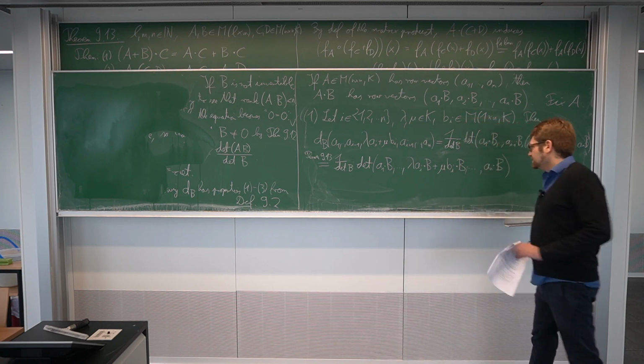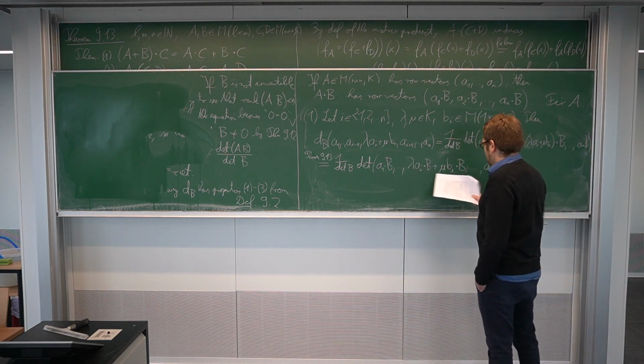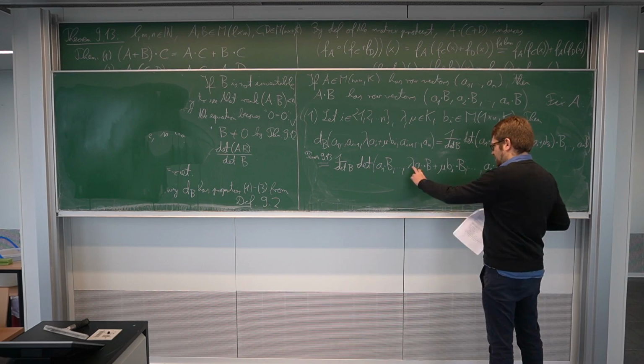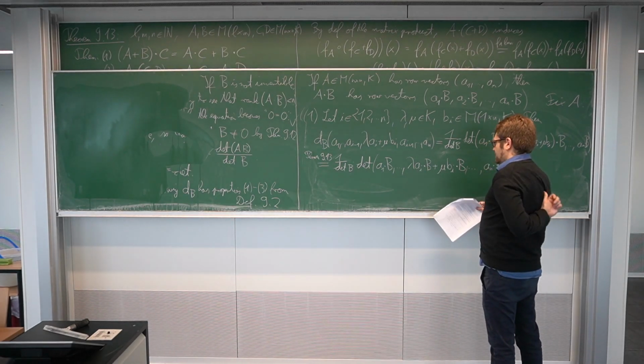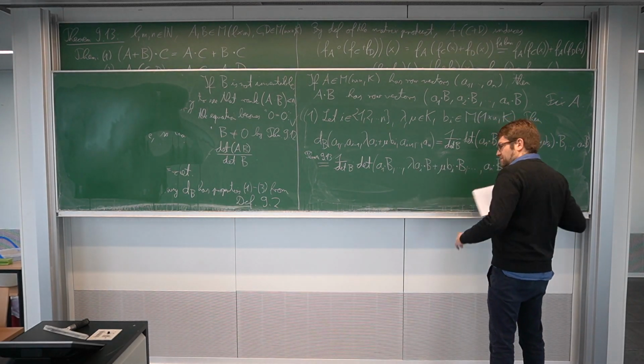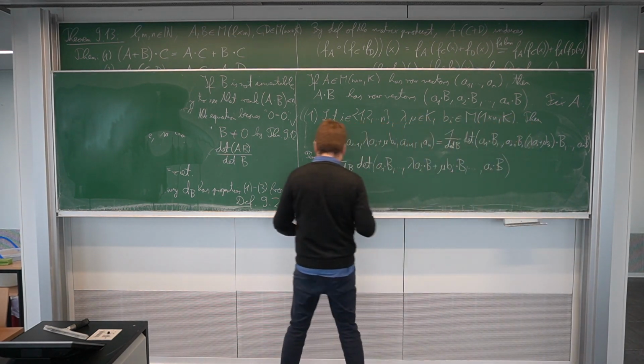Okay, now we can use the multilinearity of the determinant. This looks odd, but this is just a sum of 2 row vectors multiplied with constants. And so we can apply the multilinearity of the determinant for this part, because this is really the determinant.